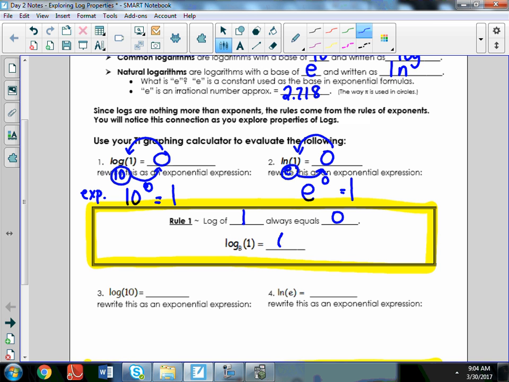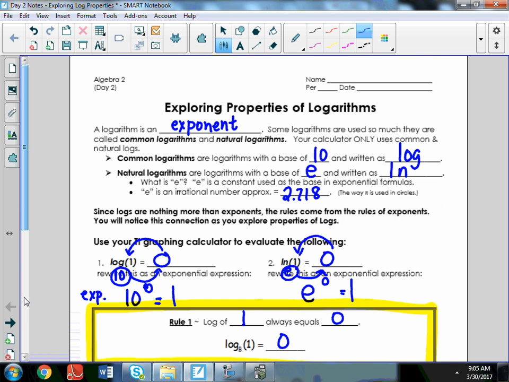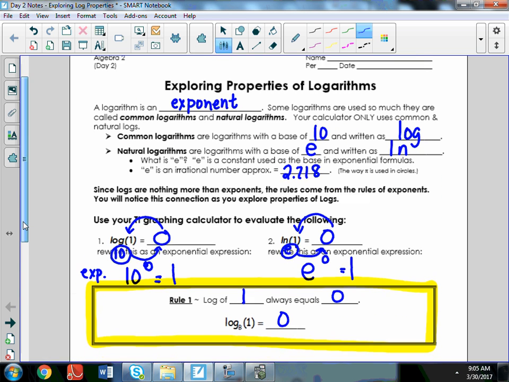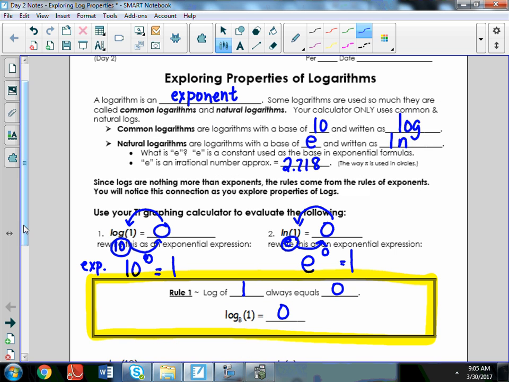Log base b of 1 equals 0. Log base 3 of 1 equals 0. Log base 8 of 1. Doesn't matter what the base is. That is our rule. I'll let you guys go a little bit farther, and then I'll check back in and we'll develop that rule.